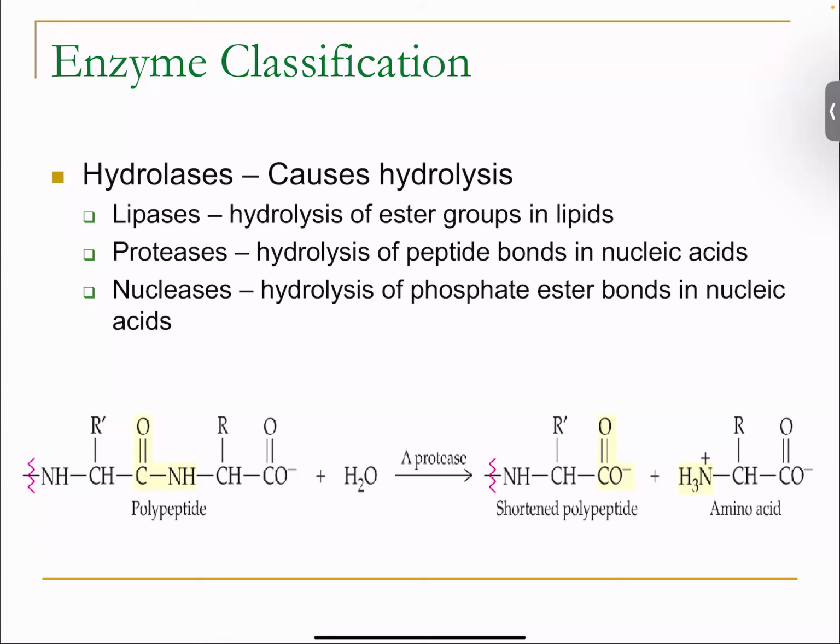There are 3 subclasses to the hydrolases. The first subclass is a lipase, lipid. So in other words, it hydrolyzes a lipid bond, an ester bond.